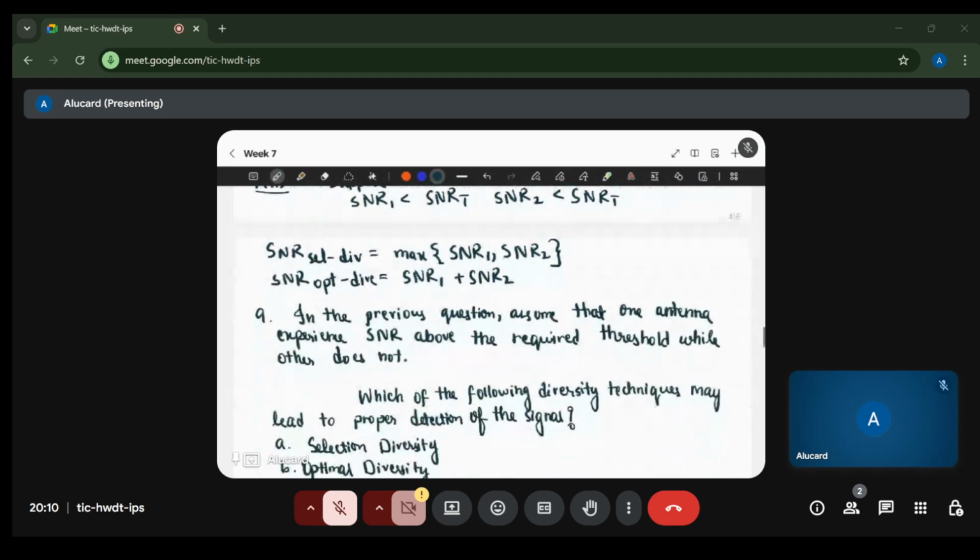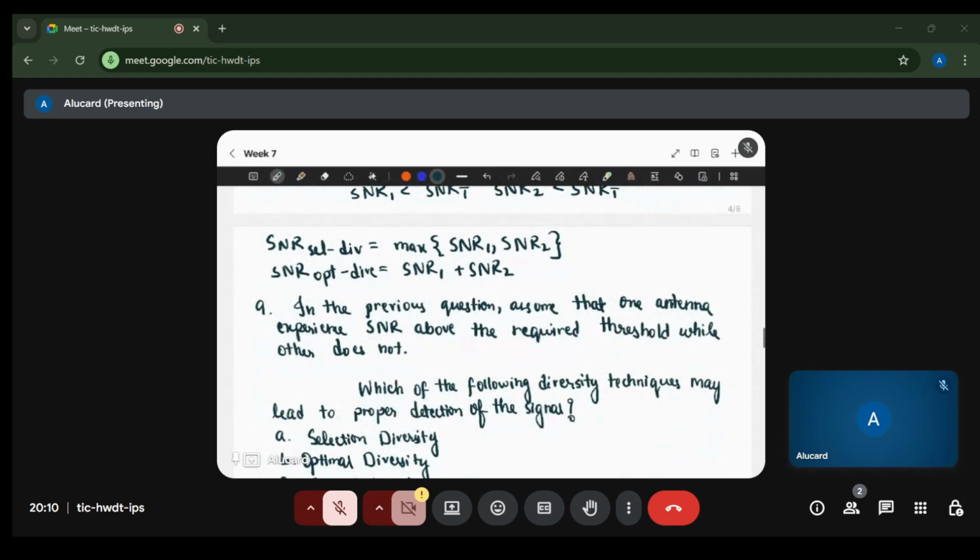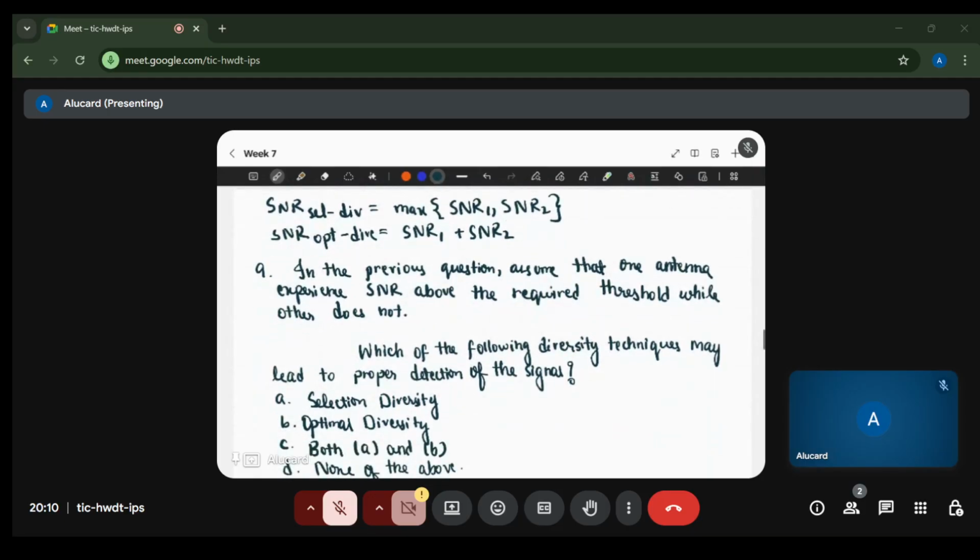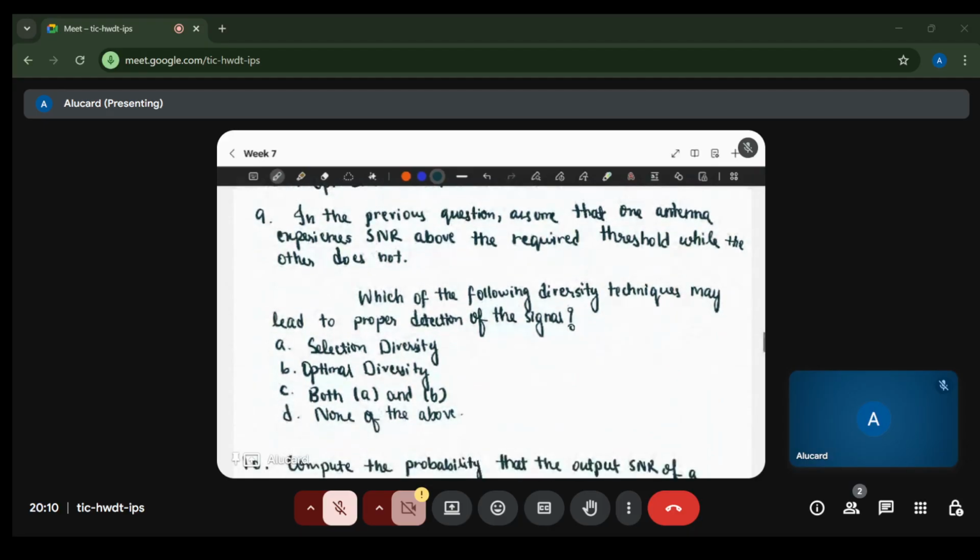In this previous question, assume that one antenna experiences SNR above the required threshold while the other does not. Which of the following diversity techniques may lead to proper detection of the signal? Again, we are comparing selection diversity and optimal diversity.